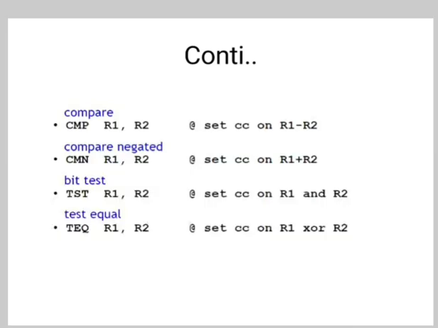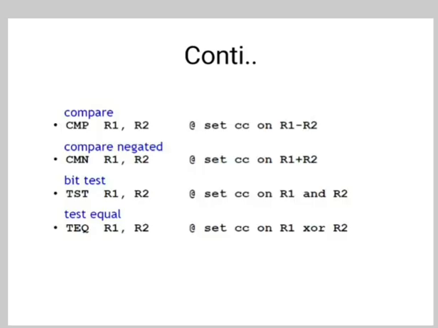Now we consider CMP R1, R2. So set CC on R1 minus R2. If CMN R1, R2, then set CC on R1 plus R2. For compare, set CC on R1 minus R2. For compare negated, it is set CC on R1 plus R2.